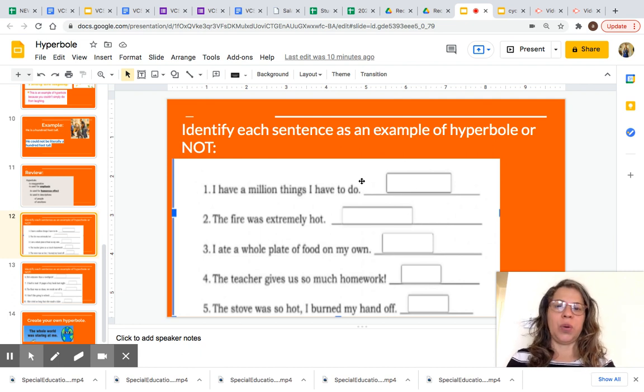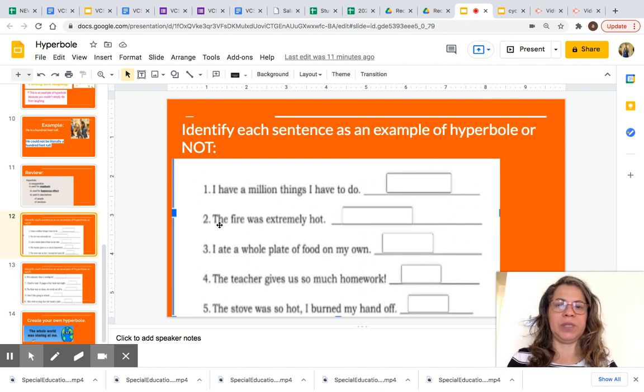The first one: I have a million things to do. Is this a hyperbole or not? Can you actually do a million things or not? If yes, tell someone next to you, say yes or no, or give a thumbs up.